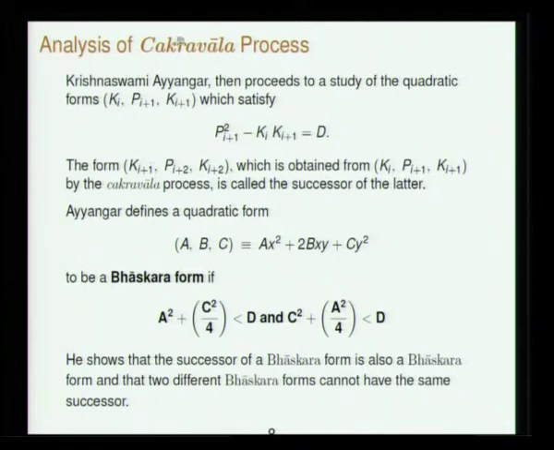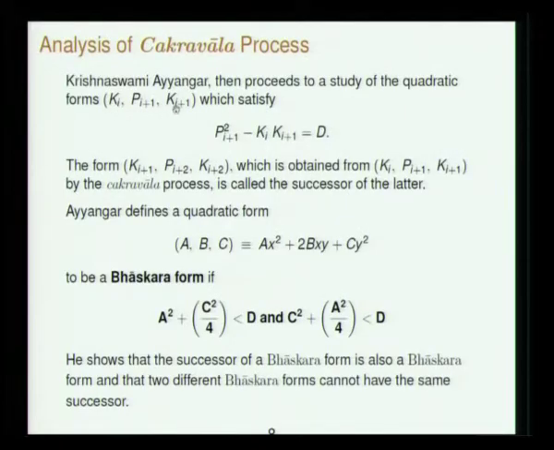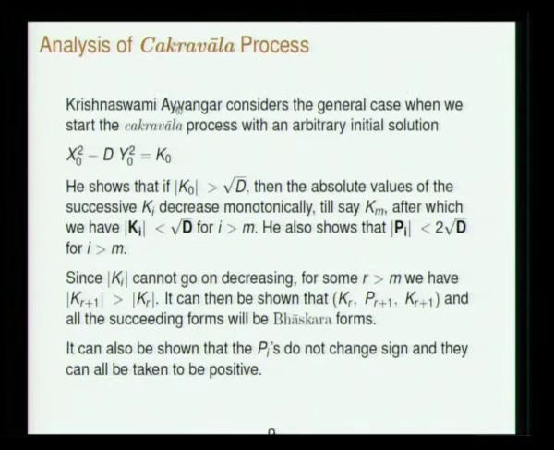And now in the Chakravala, what is happening? You start with a k naught and a p naught, then you go to p1 first, from that you will find k1 also. So in the Chakravala you will successively get successive quadratic forms. Krishnaswamy Iyengar showed that the successor of a Bhaskara form by the Chakravala process is also a Bhaskara form.